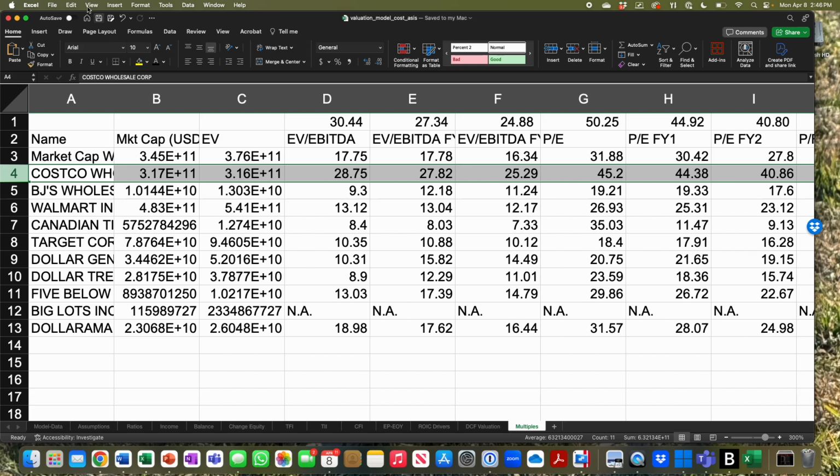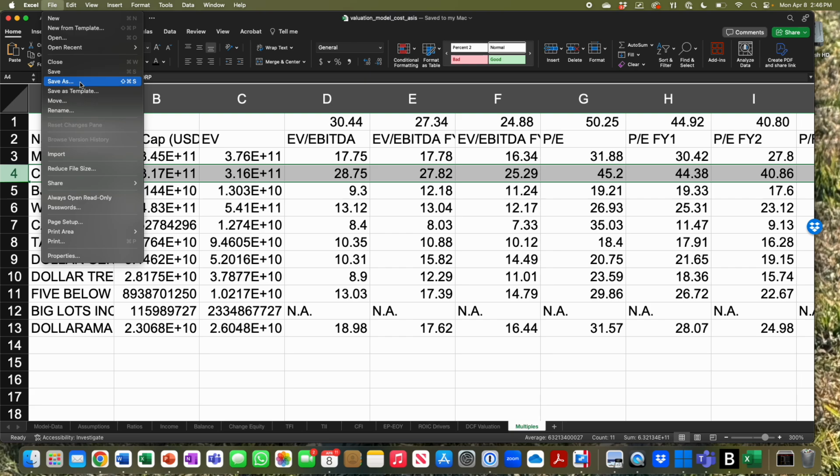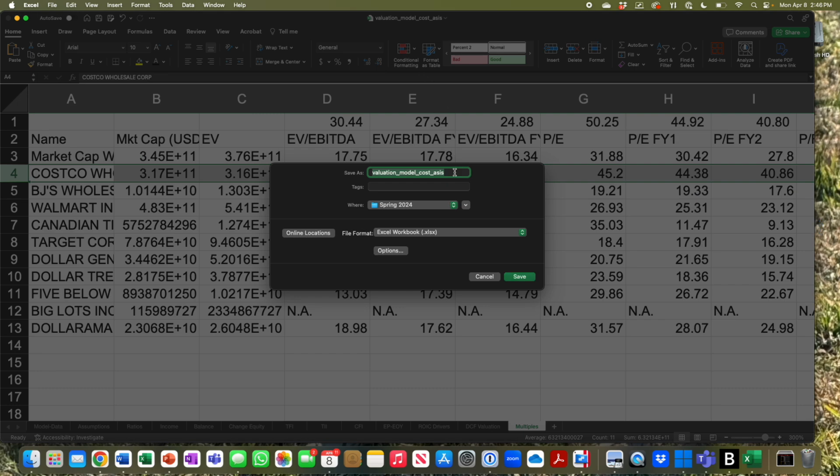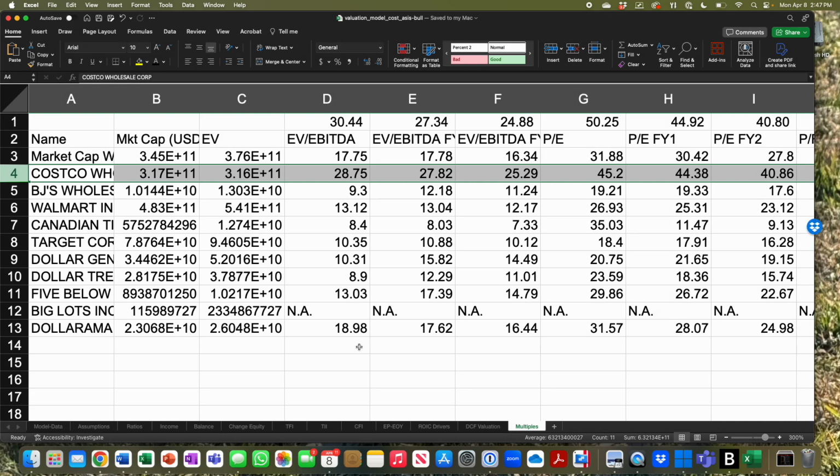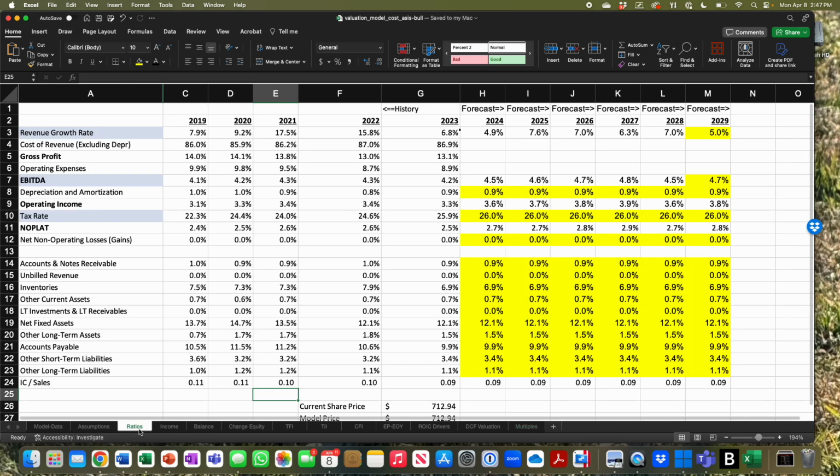I'm going to now do File, Save As, my bulk. So I'm going to go here to my ratios. And what I'm going to argue is that they have success in the furniture business.